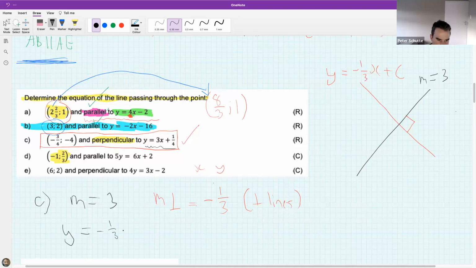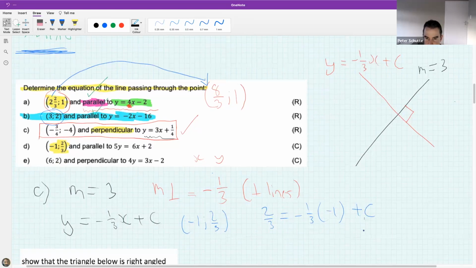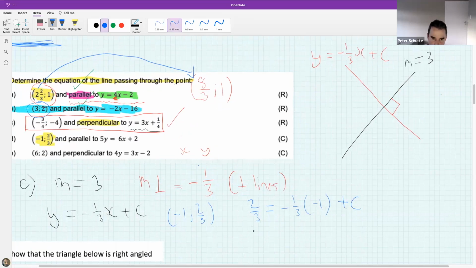Minus 1/3 x plus c. And I'm going to sub. I always like to write the point next to the line, so the teacher can see what's going on. What would it look like if I sub that in? I'd get 2/3 equals minus 1/3 times minus 1 plus c. Now we've got to do some more maths. So we get plus 1/3 plus c.